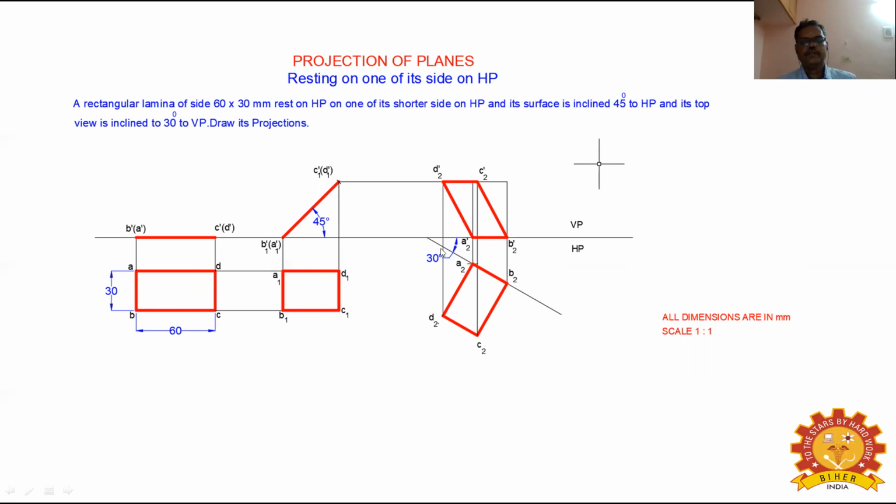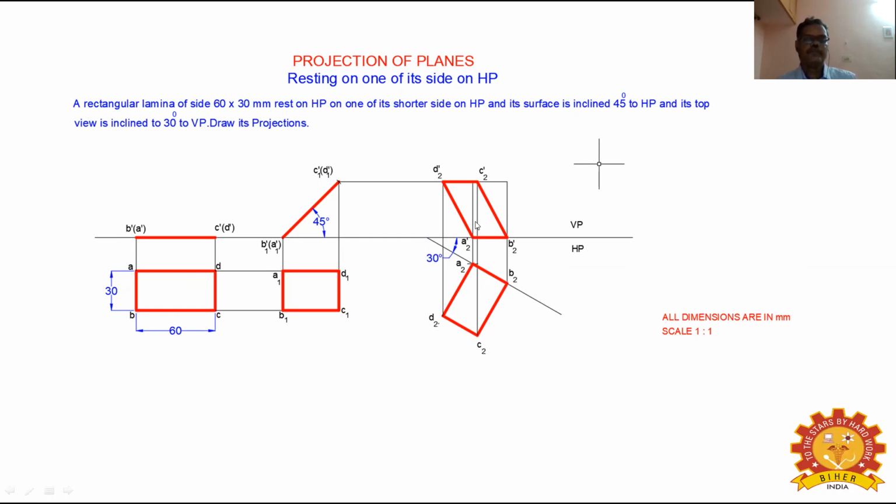From A2 draw a perpendicular line, and from B2 draw a perpendicular line, because AD is perpendicular to AB. Mark D2 and C2 and complete the rectangle.